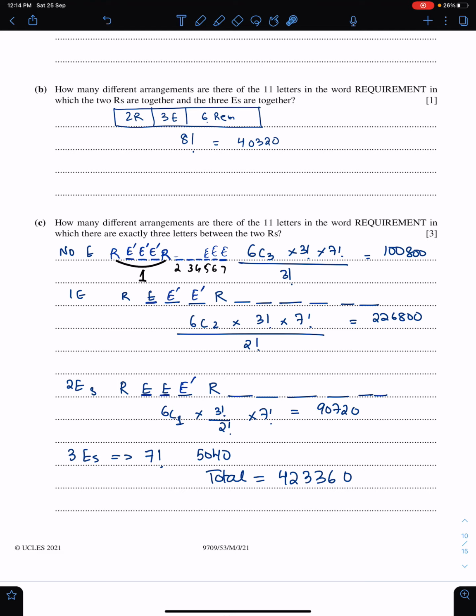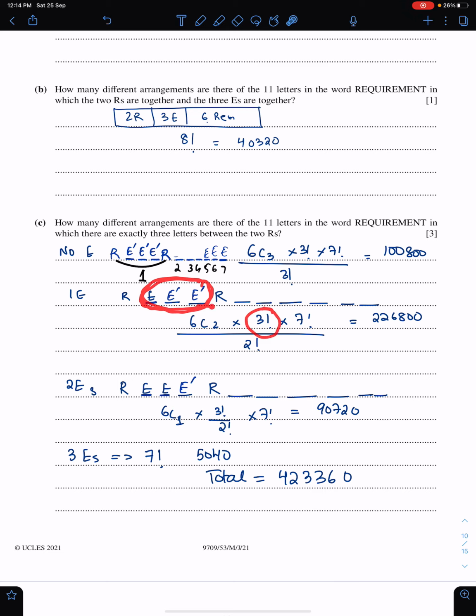Now, arrangements with 1 E between the 2 R's. So when we have 1 E, then we need 2 more letters from the remaining 6 letters to fit here. So we need to write 6C2. So in 6C2 ways we can select 2 letters for these 2 positions. And since these 3 letters are random, they can arrange themselves in 3 factorial ways.